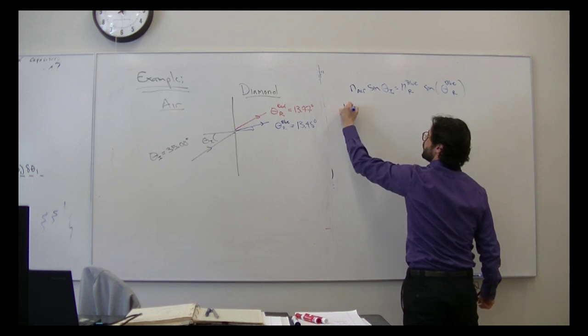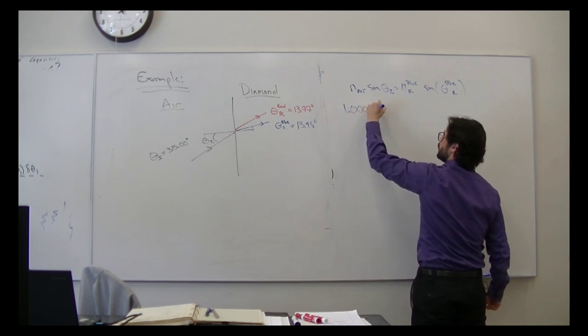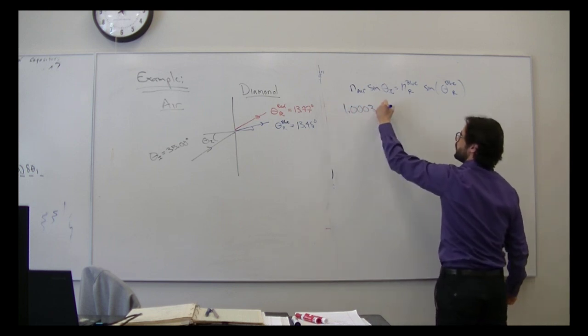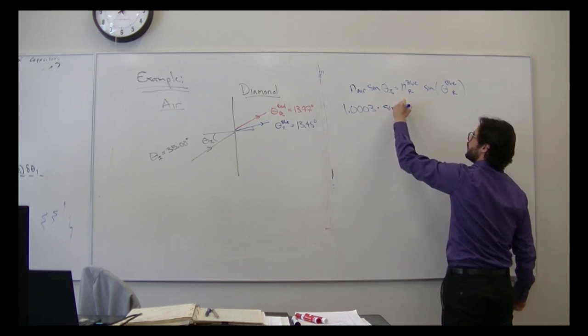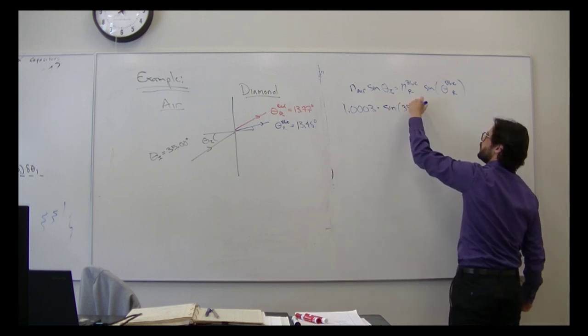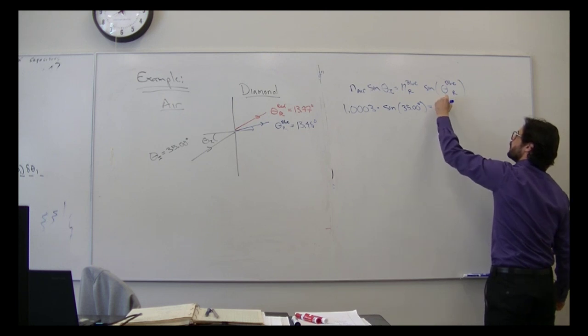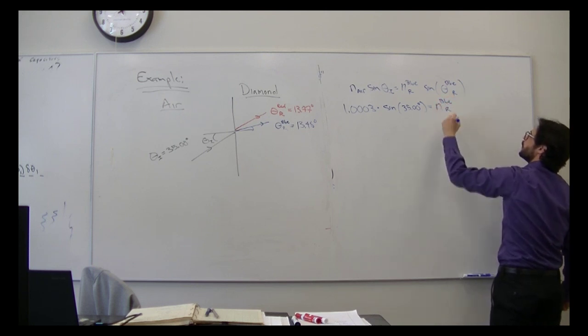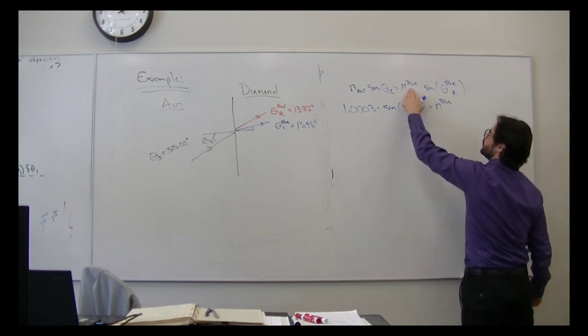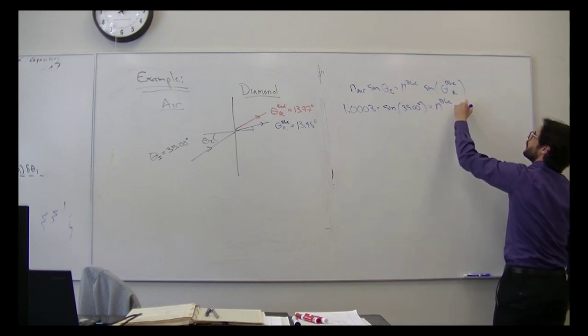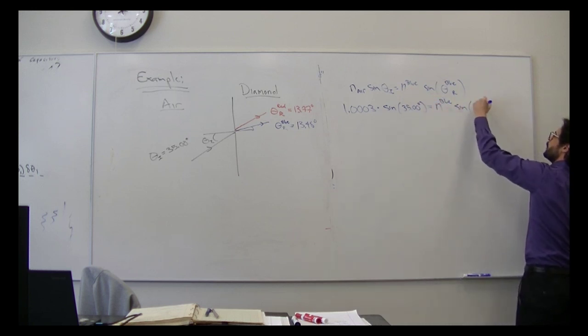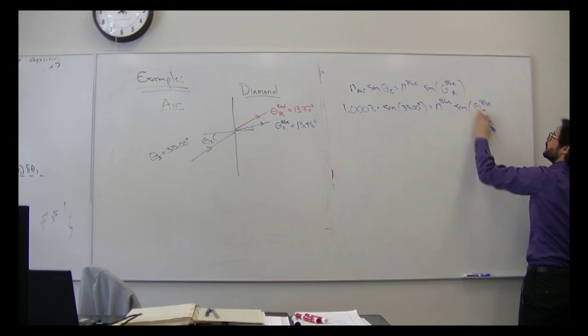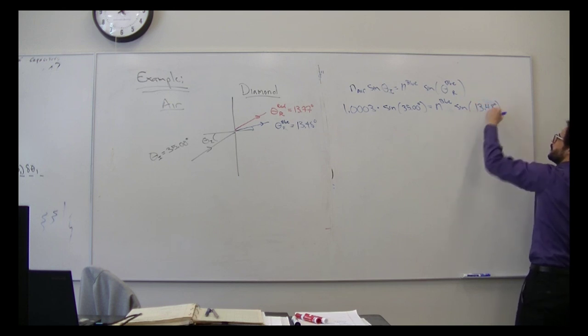So I'm going to just, a little bit unnecessary, but I'll do it anyway. Sine theta 35.00 degrees is n blue. Oops, this is just n blue. Sine theta refracted blue, which is 13.48.